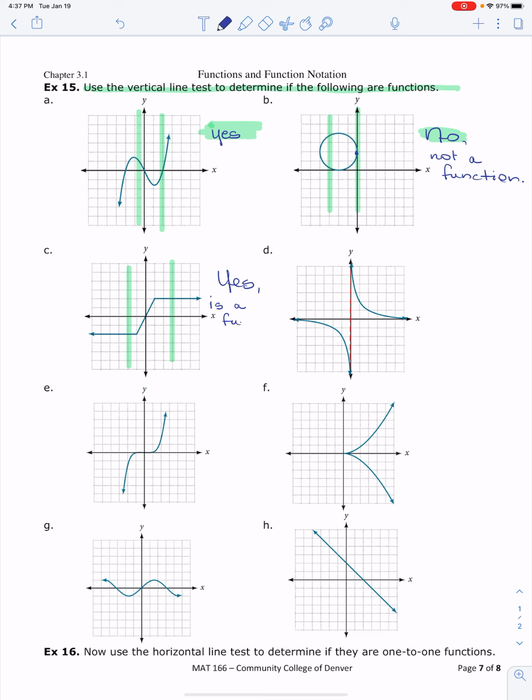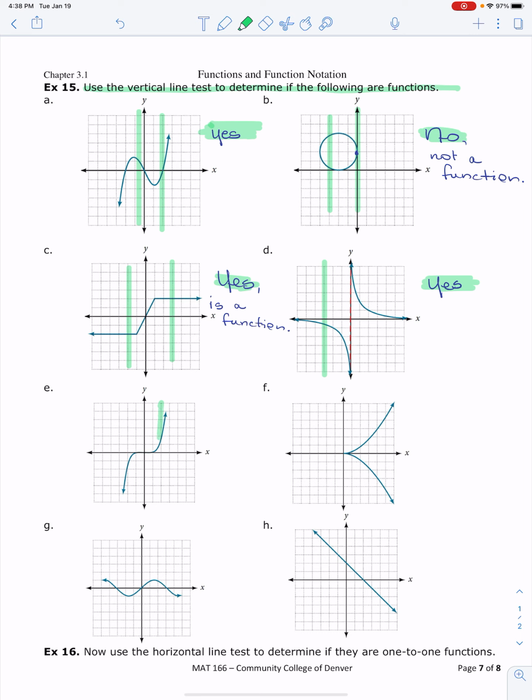Is a function. And this one right here, you will notice that red dotted line in the middle, because that's our asymptote there, not part of the function. So yes, this one is a function.